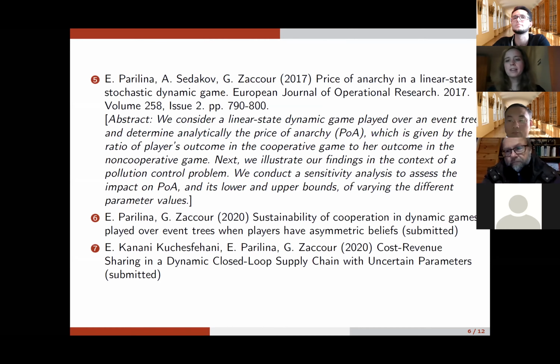No. Initially they have the beliefs. It means that they have the probabilities of transition over the event trees, and they are given for each player, and they may be different for the players. So there is asymmetry about the tree, and we start to play the game. Each player has his own beliefs, and in cooperation, they first need to incorporate their beliefs in one tree, and after that start playing the game.